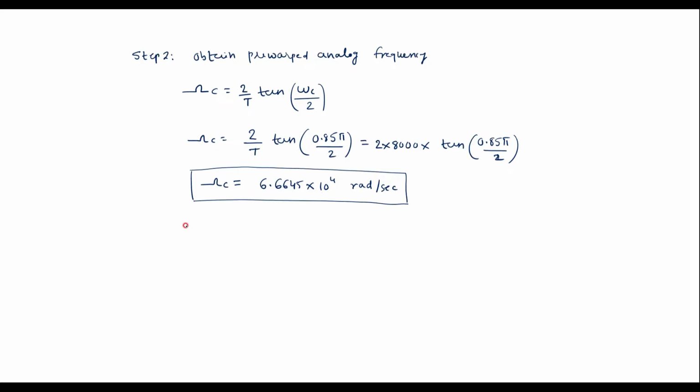So in this example, the order of the filter is given, that is n is equal to 2. So now we are supposed to obtain the prototype transfer function or normalized transfer function for n equal to 2. Let that be our step 3.